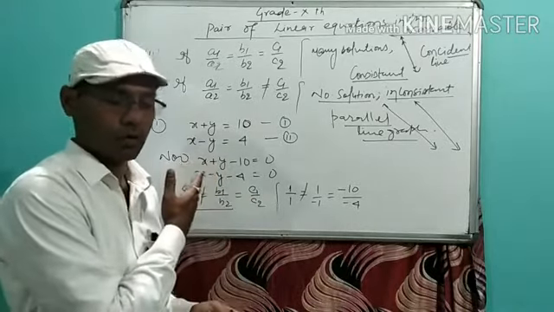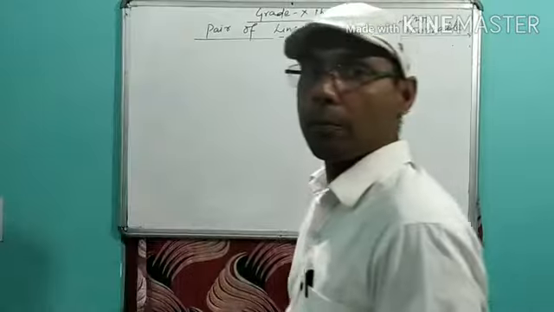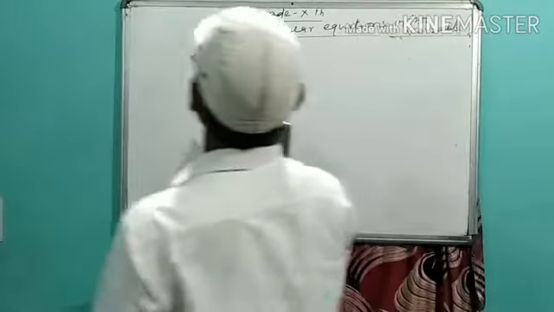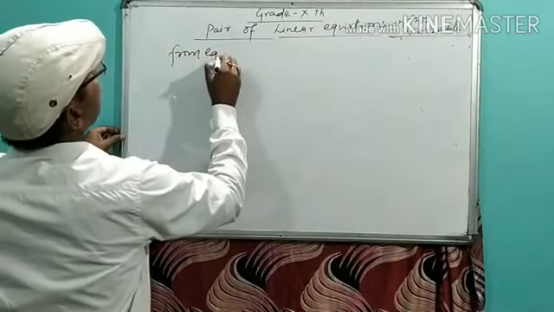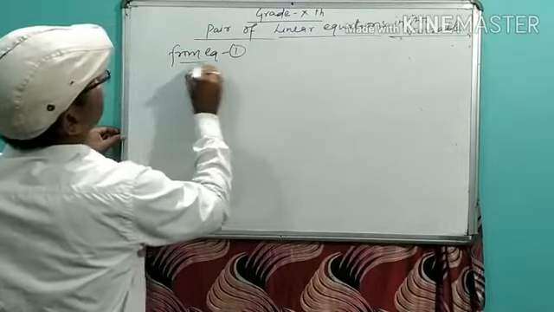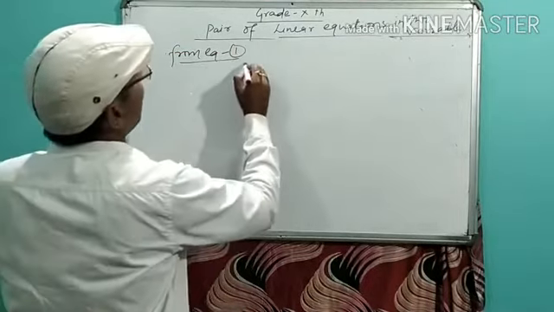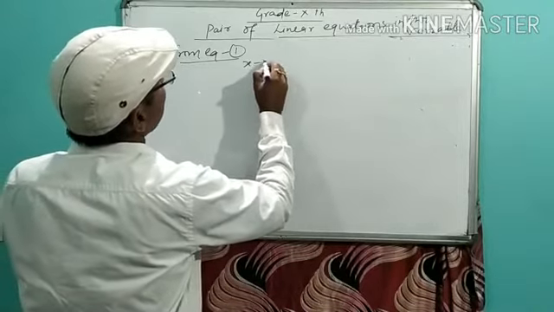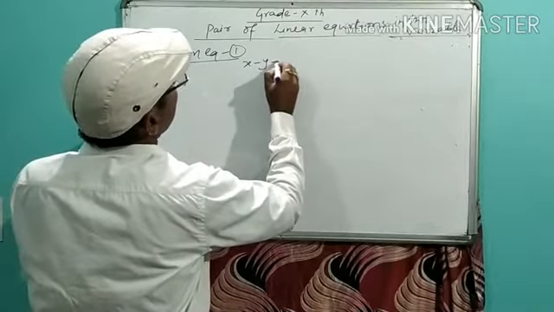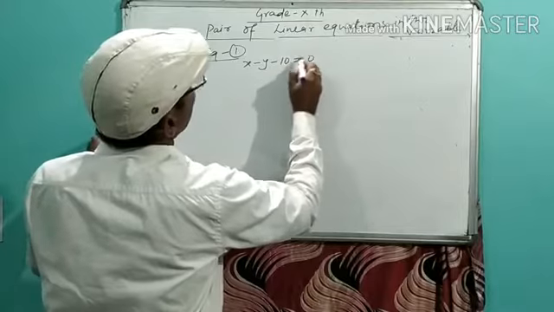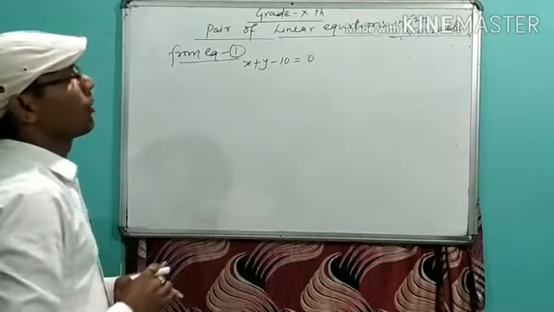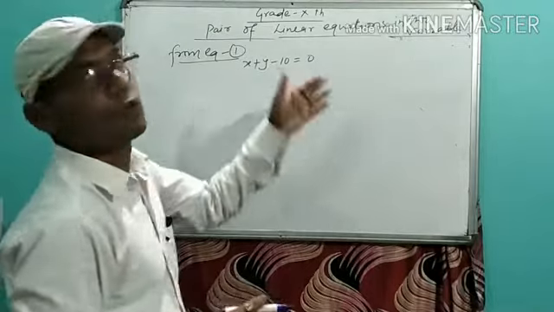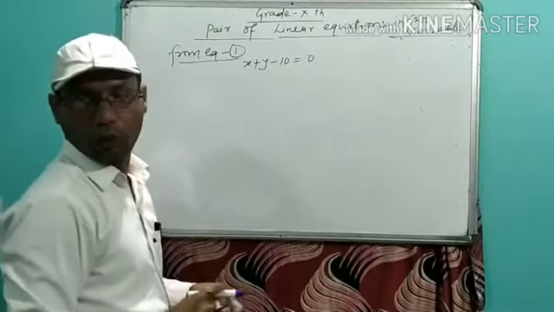I have to erase the blackboard first. Okay. From equation 1, x plus y minus 10 is equal to 0.